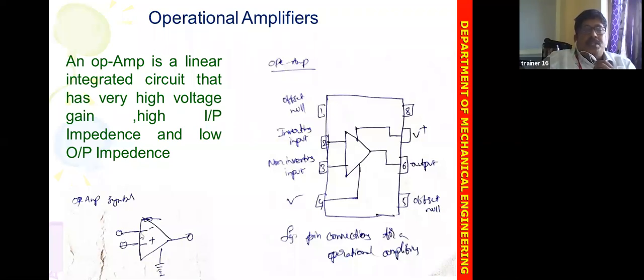The negative is the inverting input and the positive is the non-inverting input. Mainly it has high voltage gain, high input impedance, and low output impedance. High input impedance means the resistance is more, and at the output the resistance is very low.